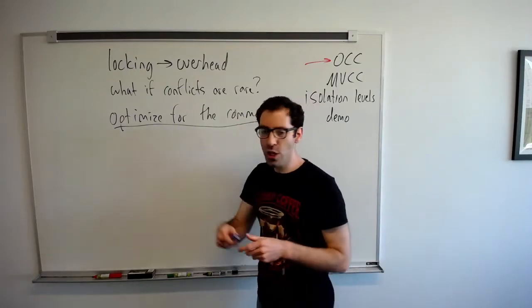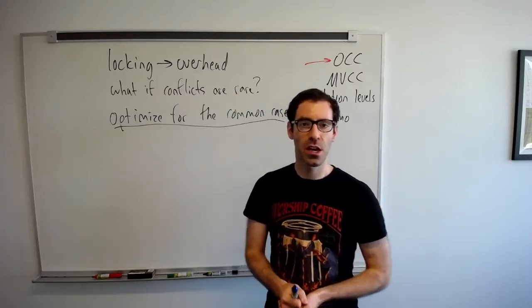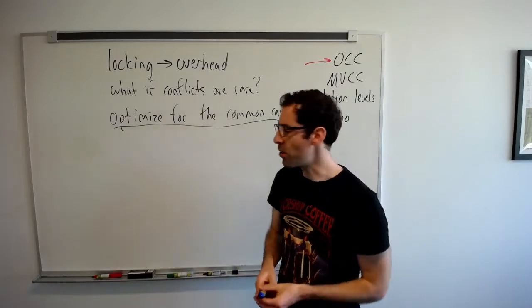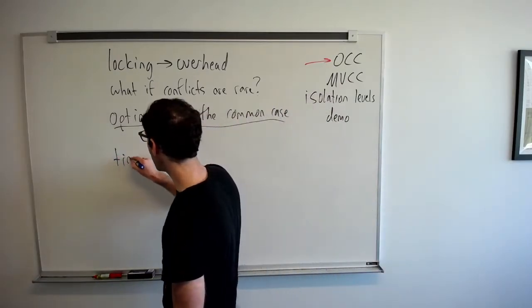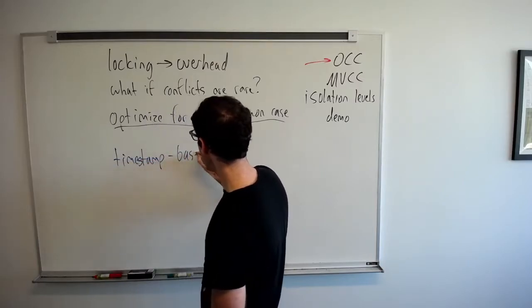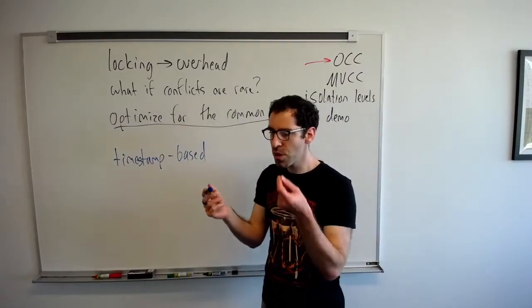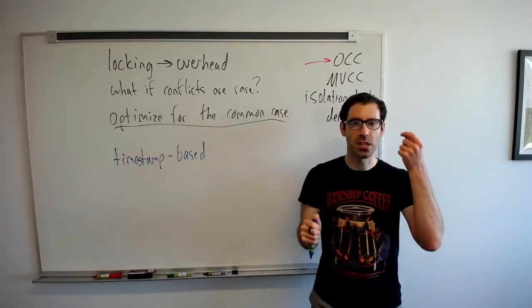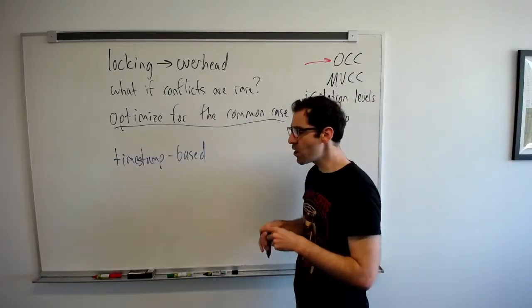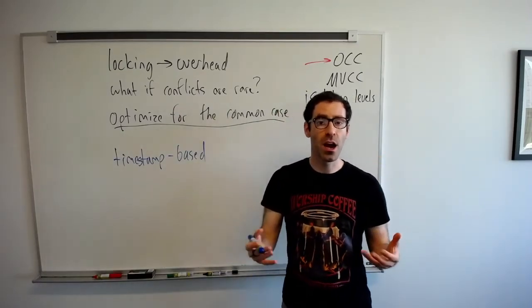And one major feature of at least the optimistic concurrency control schemes that I'll talk about and that are in the textbook is that they're going to be timestamp based, meaning that they're going to use some aspect of the time that a transaction does things in order to ensure the serializability of the schedule.